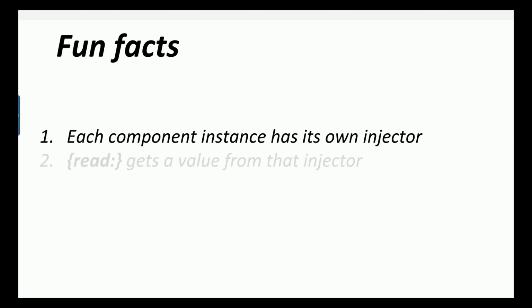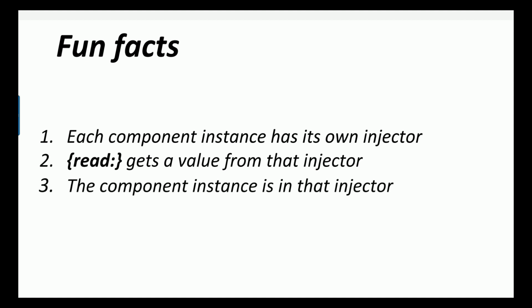Fun fact number one. Fun fact number two. The read parameter, yes, now we know what it does. Every time you use read, it says, oh, I guess you don't want the thing, the directive or whatever you look for. You want whatever's in that thing's own injector. Element ref is one of the things that's in that injector. That's why read element ref works.